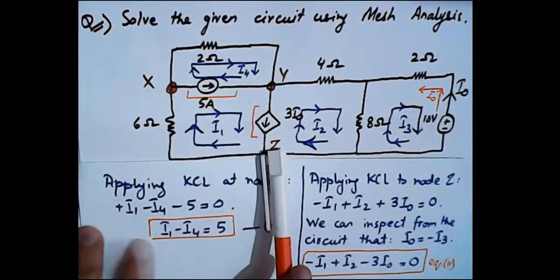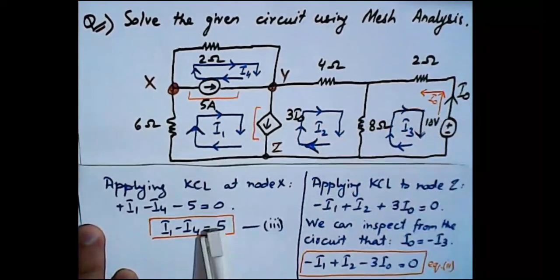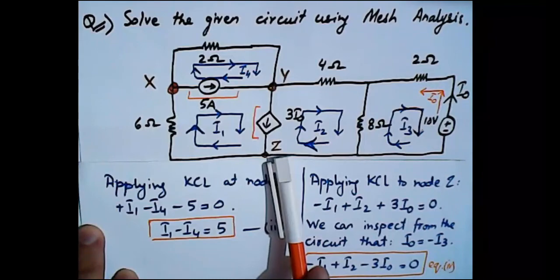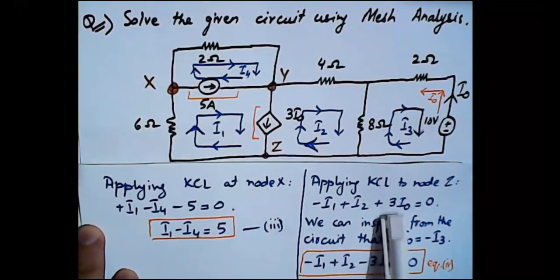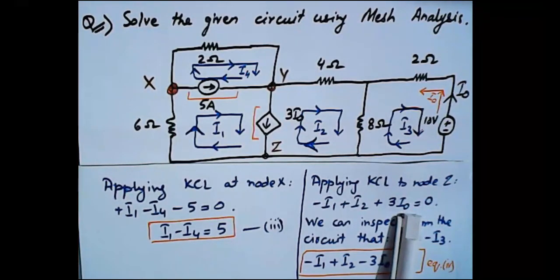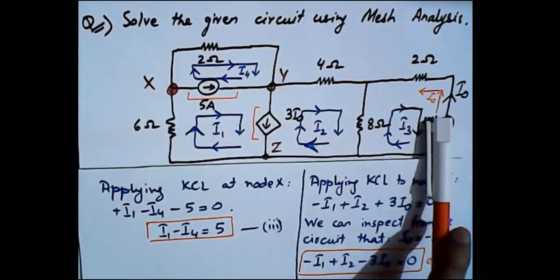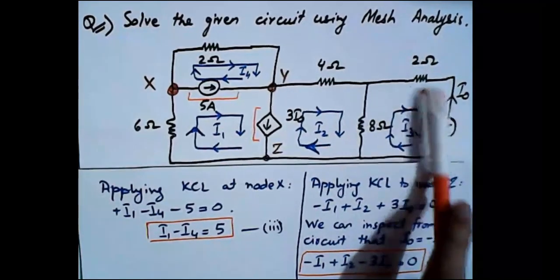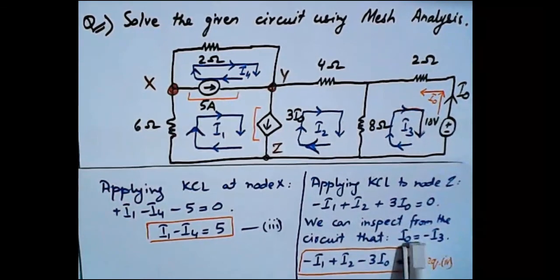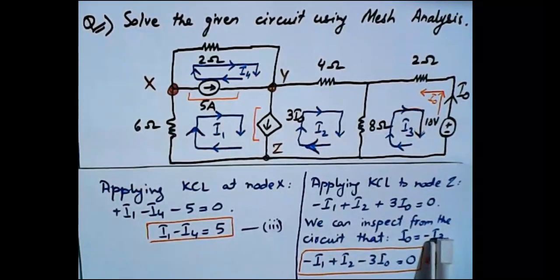We found that there were 3 nodes, so we applied KCL at node X and node Z. KCL at node X gave us equation number 3. KCL at node Z gave us equation 4, but that equation involved an additional variable I0. So in order to convert I0 into the mesh currents, from I1 to I4, we inspected the circuit and found that I0 and I3 are flowing in the same branch but in opposite directions, which means that I0 and I3 are equal in magnitude but opposite in direction.